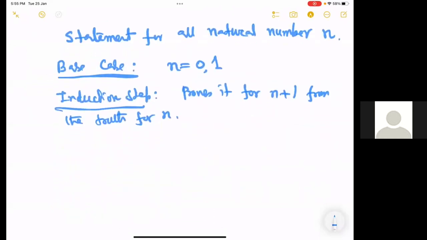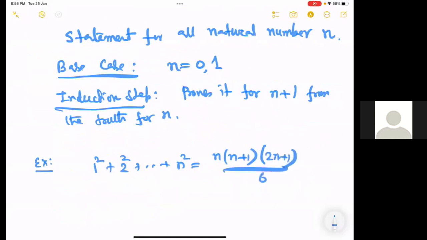So lots of basic examples. I will not prove it because you definitely know it. So for example, you can prove 1 square plus 2 square up to n square is equal to n into n plus 1 into 2n plus 1 by 6. I think in your 10 plus 2 probably you have proved it using induction, right? Simple principle.